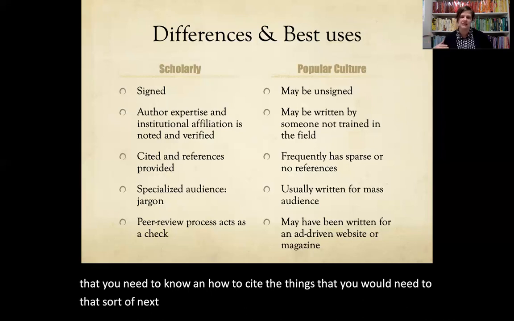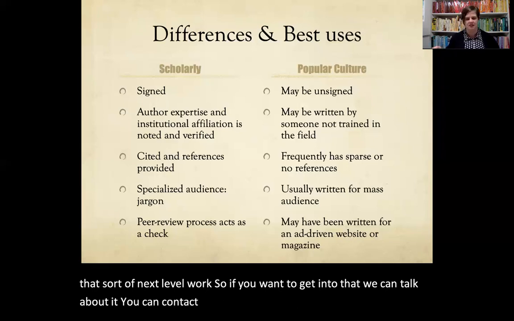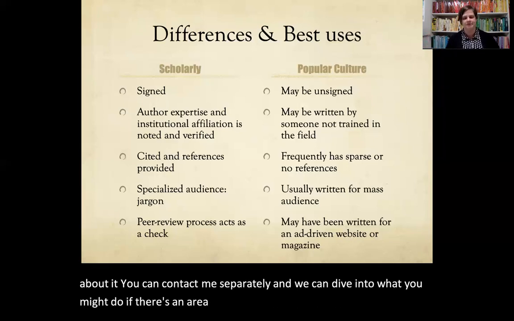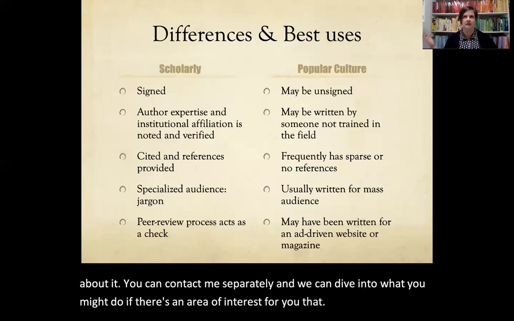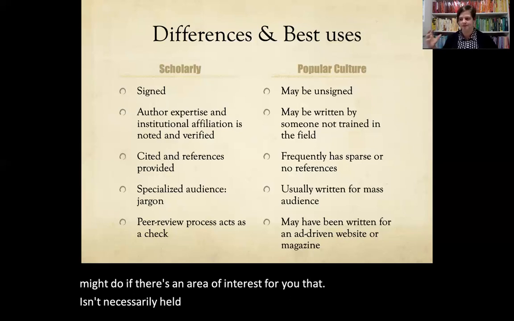If you want to get into that, you can contact me separately and we can dive into what you might do if there's an area of interest for you that isn't necessarily held only in the scholarly realm.